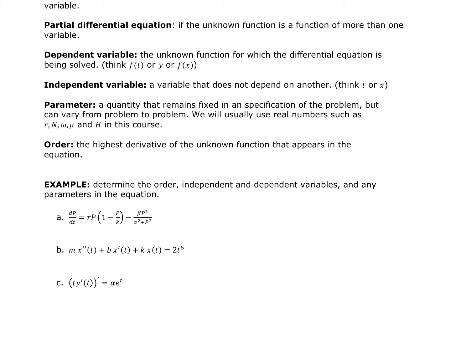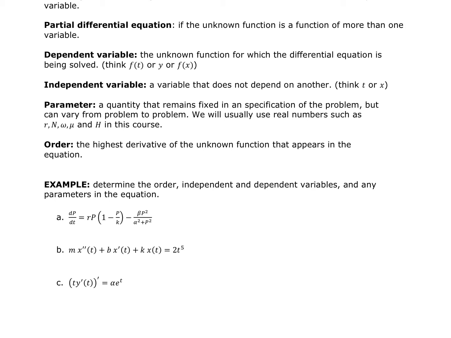Sometimes it's very clear what the dependent is, and sometimes it's not as clear. Now the book likes to use a function of t, x as a function of t. It's not bad to talk about it as x as a function of t. It just kind of muddies the water initially to begin with.